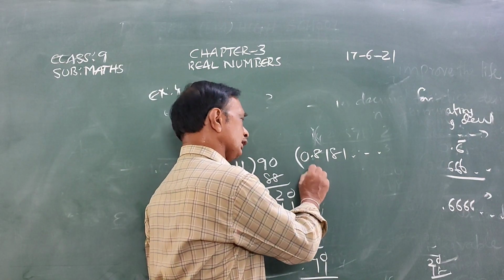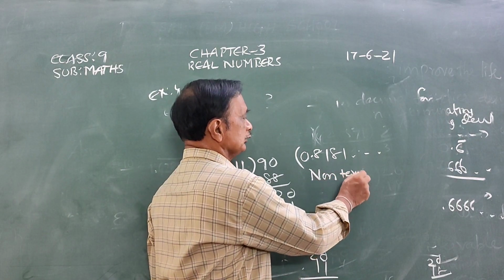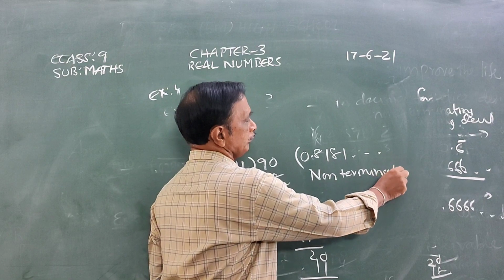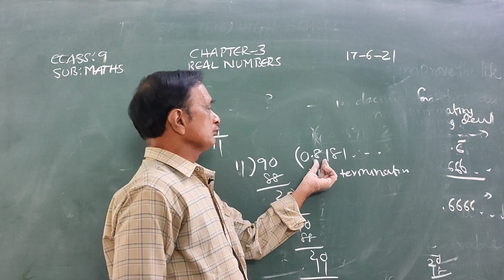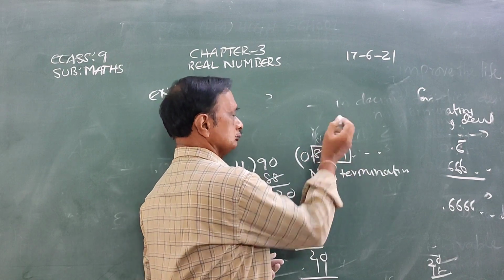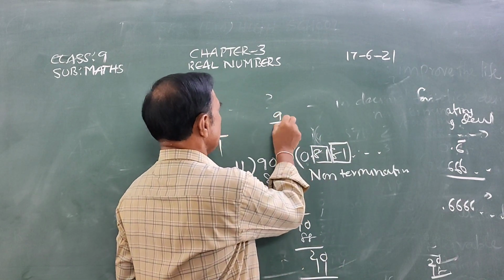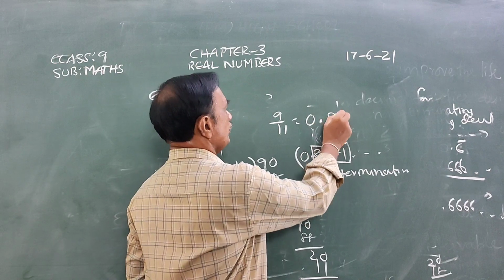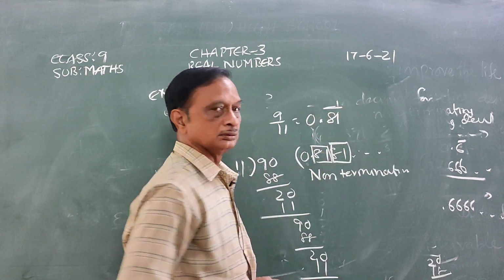Then this decimal is called non-terminating. But in the decimal part, some of the digits are recurring. What are they? 81, 81. So this 9 by 11 can be written as 0.81 bar on 81.